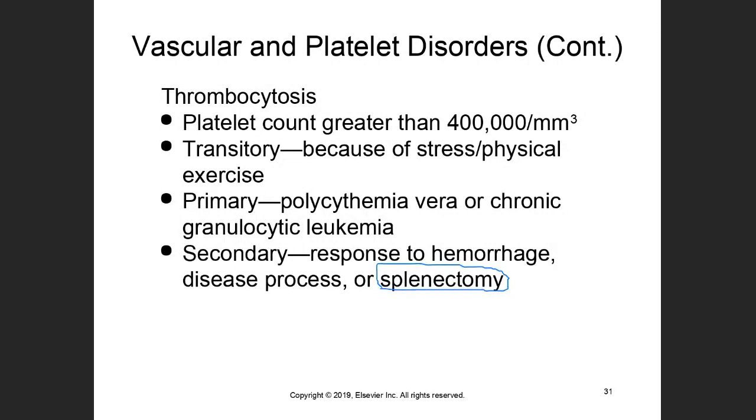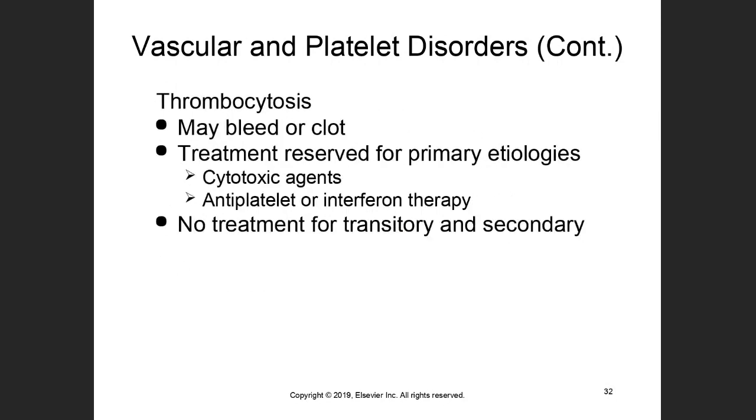So if you don't have a spleen, you don't destroy the platelets. Thrombocytosis may lead to bleeding or clotting. Okay, treatment is reserved for primary etiology: cytotoxic agents, antiplatelet or interferon therapy. No treatment for transitory or secondary.